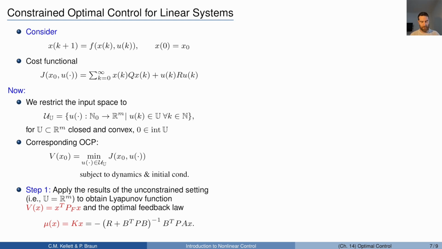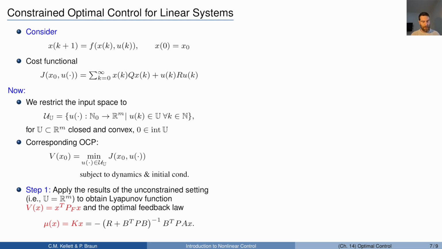A couple of slides ago, we have seen a solution for the discrete time linear regulator problem, which told us that our optimal feedback law for the unconstrained setting can be written in this form, meaning we have a linear feedback law characterized through these matrices here, which we can summarize in K, and our optimal value function was a quadratic function characterized through a matrix P as a solution of the discrete time algebraic Riccati equation.